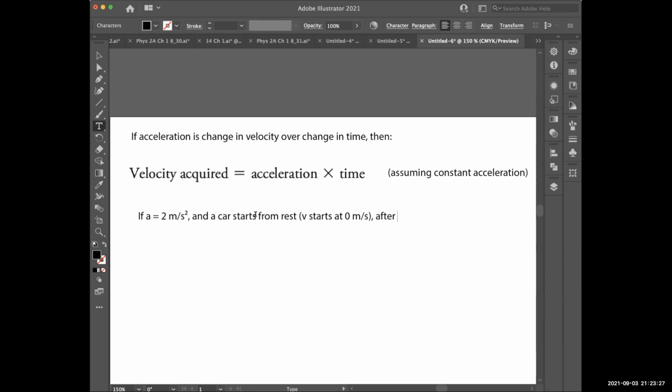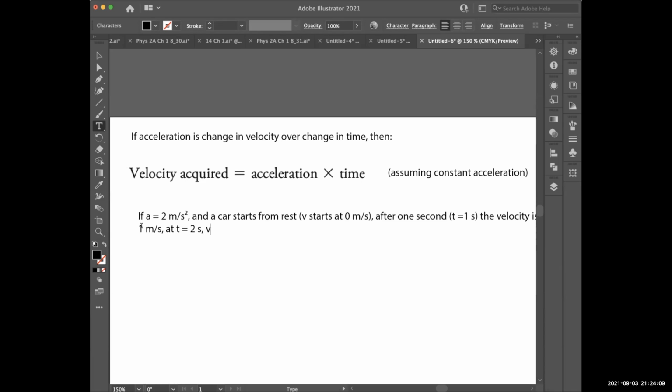I'll say at t equals 1 second, I'm basically starting the stopwatch at the beginning.